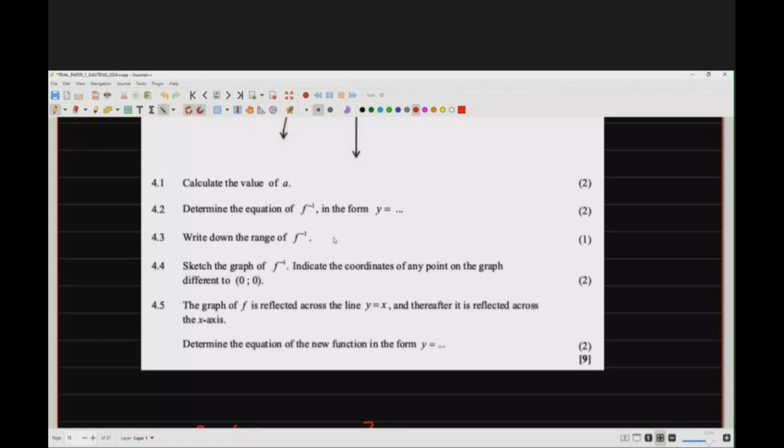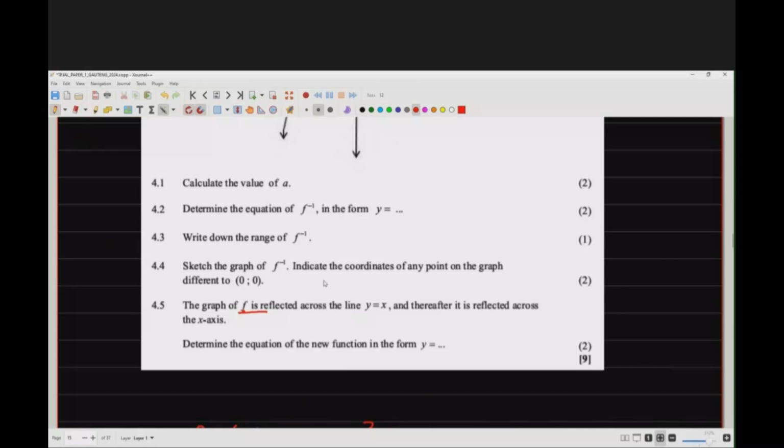And question 4.5 here says, the graph of f is reflected about the line y is equal to x, and thereafter it is reflected across the x-axis. Right, so the reflection of f about the line y is equal to x.